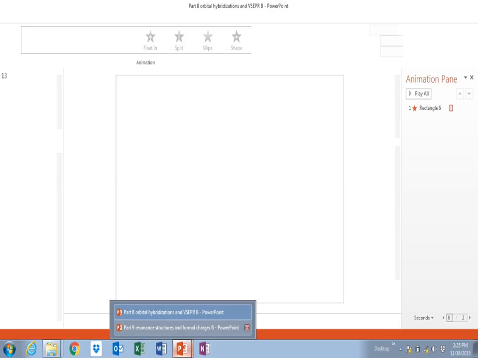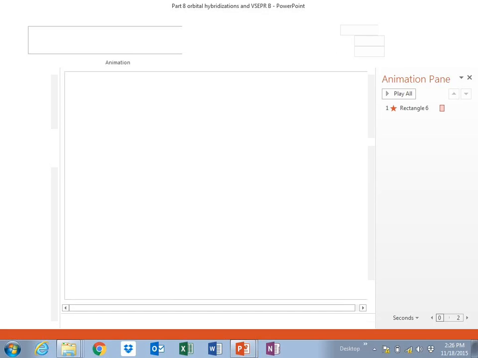The next, you see some figures about methane. Actually, if this is hybridized, 3 of its P's and 1 of its S, remember the shape of P's? They're a dumbbell shape with the nucleus at the center, basically an electron cloud.